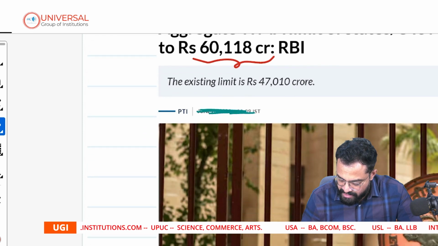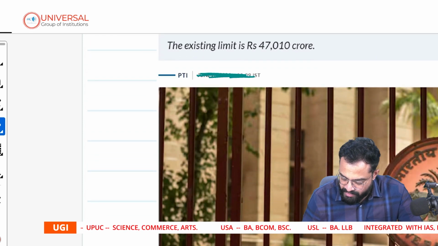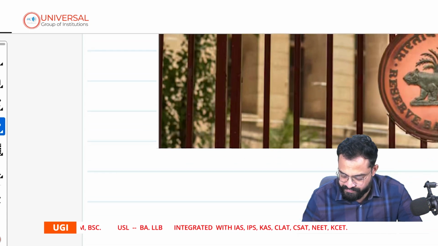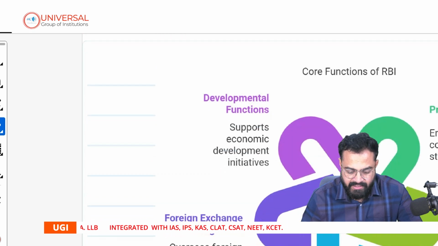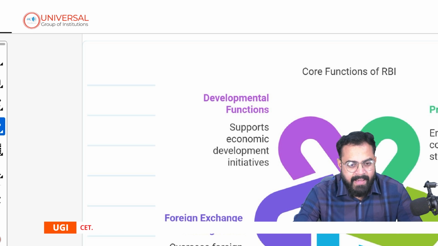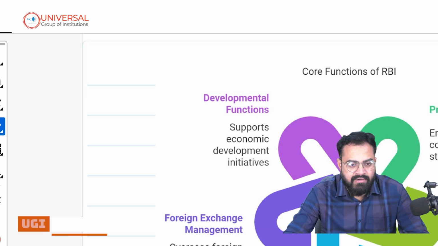To understand the WMA, we need to first understand what exactly is the central bank of a nation, be it the Federal Reserve System in the United States of America, be it the Bank of England, be it the Bank of Japan, be it the Reserve Bank of India.